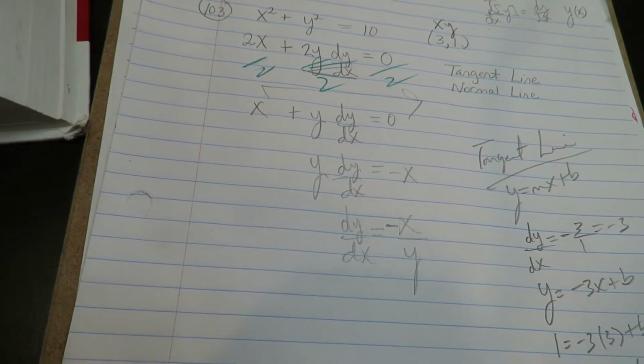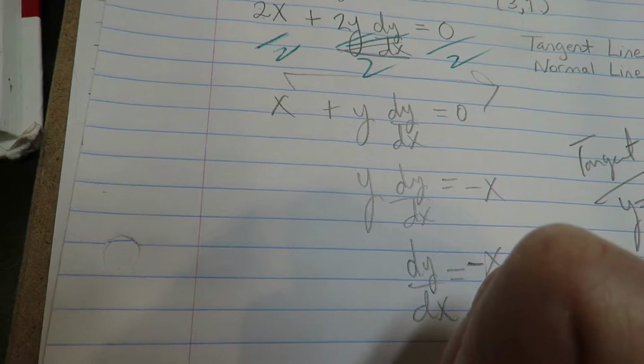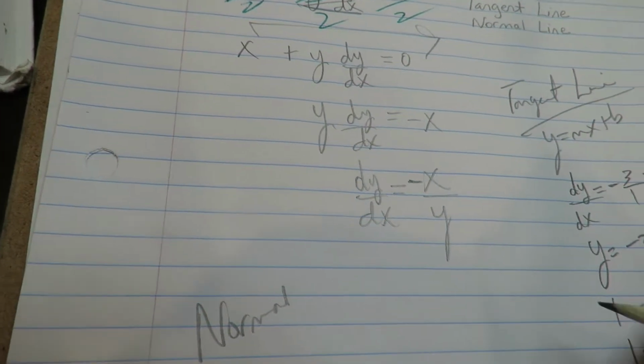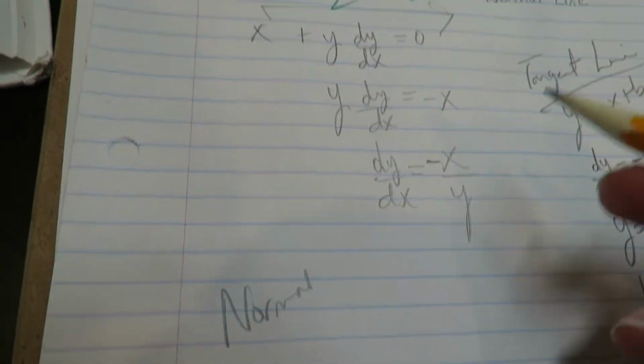Okay, now the normal line, some of us may forget what a normal line is. A normal line is perpendicular to a tangent line.